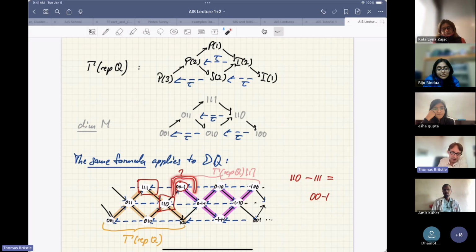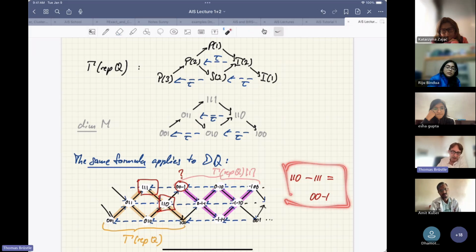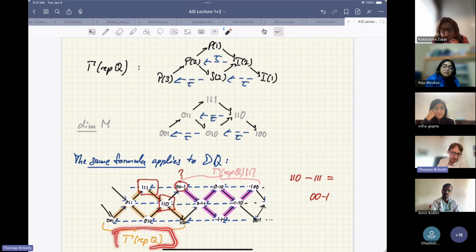So this object here has attached some value, 0, 0, -1. You should not interpret this value as an actual dimension of anything. It just fits the numerical formula, and it indicates that if I have one copy of representations here, and here the shifted copy of representations, the next shift will come with negative signs.